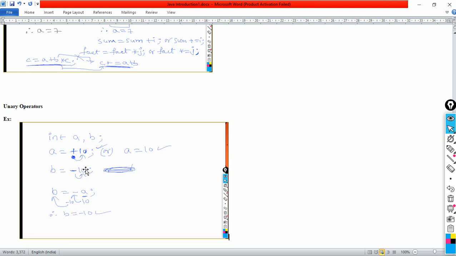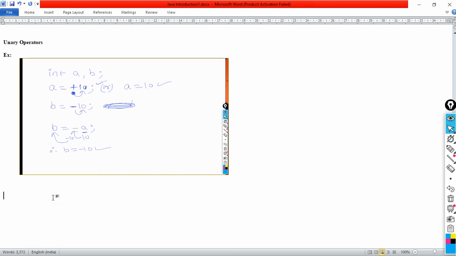Very simple. Okay, then we understand about increment and decrement operators. These are also unary operators. What are increment and decrement operators, please?